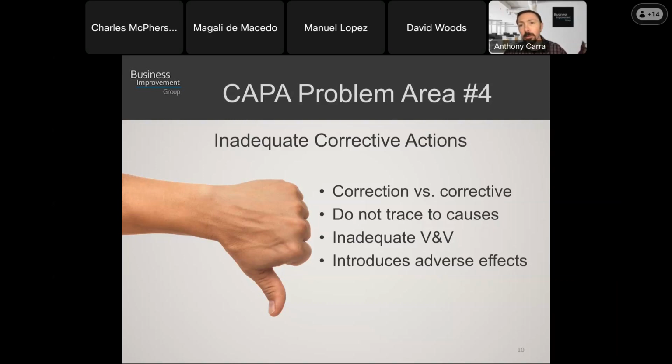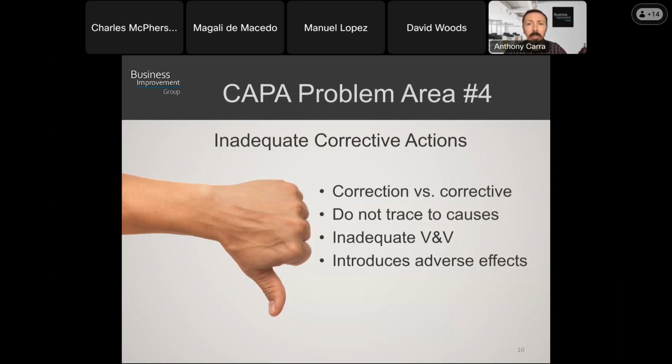We're either missing good solutions to causes, or we're doing a lot of work, which is maybe good work, but not necessarily within the scope of the CAPA. It doesn't necessarily address the causes. So we're seeing some misses there.